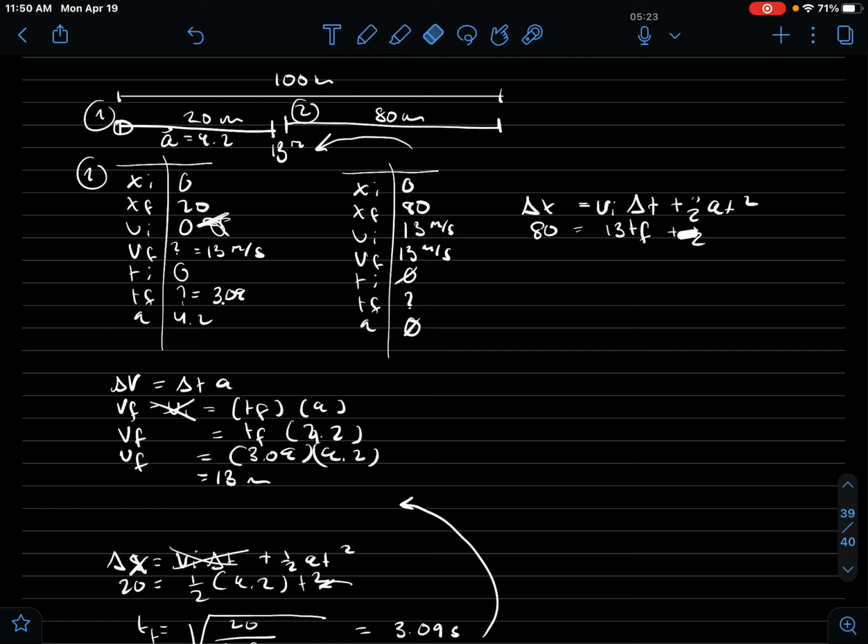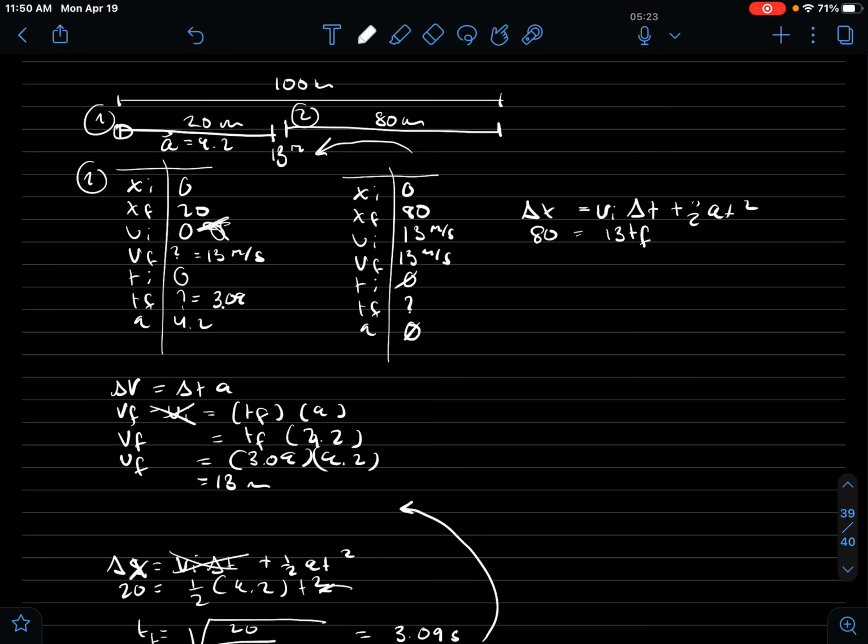At this point, just cross out this part because the acceleration is 0, so it makes the whole thing 0. So basically you already have your final time. That will give you 6.50.